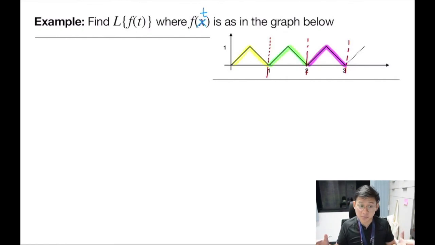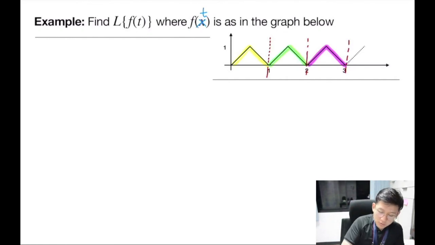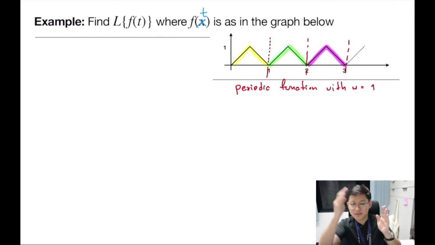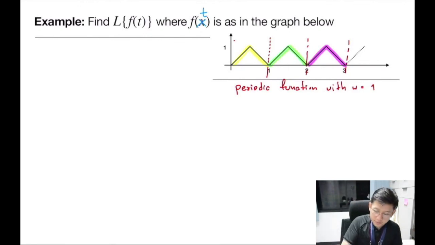So that is a periodic function with period equal to 1, because when it's 1, 2, 3, it gets repeated. So the period is 1. Here is 1, so you get the period of 1.